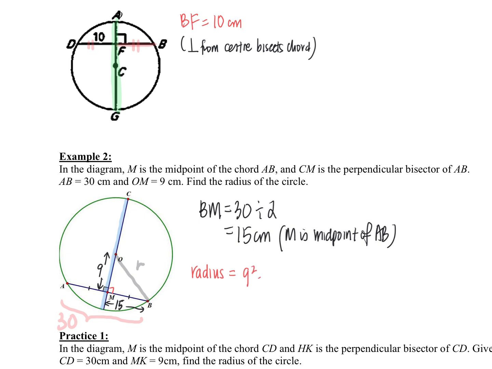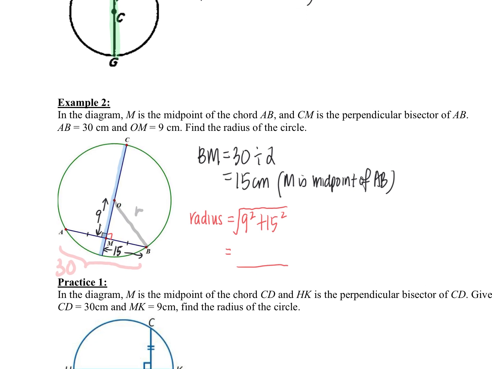So the square root of 9 squared plus 15 squared. What's the answer? So, 5 lah.